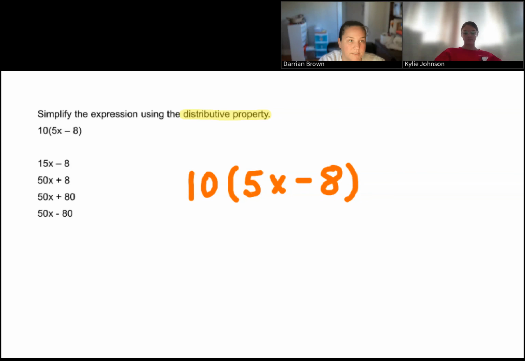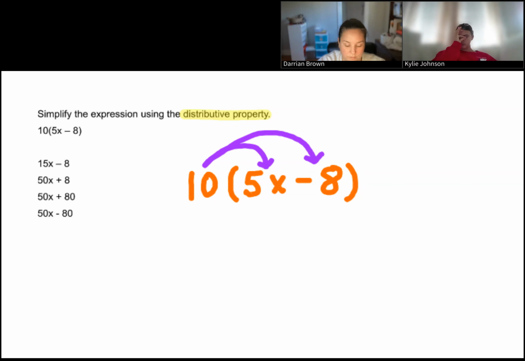All right, so the distributive property tells us to distribute the number outside of the parentheses to both of the values inside the parentheses. Yes, Kylie, exactly. So we're going to take this 10, multiply it by 5x, and multiply it by negative 8.